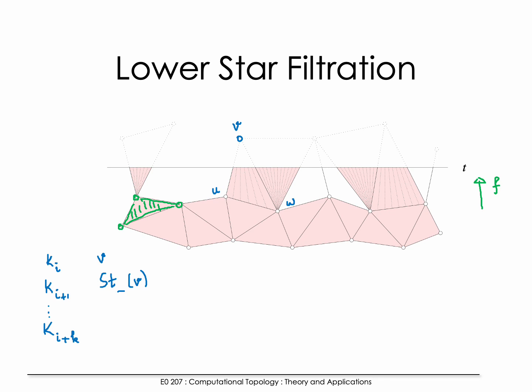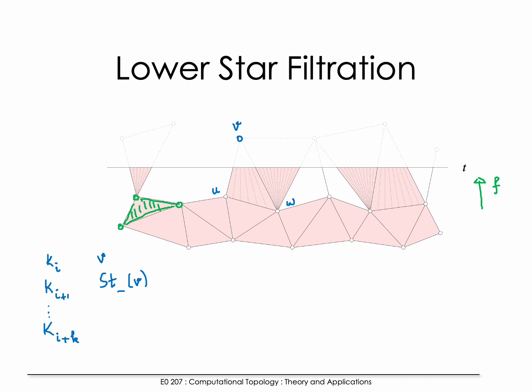Now we have to be careful in what order we insert them. The only constraint is that we need to insert all the faces before we can insert a simplex.